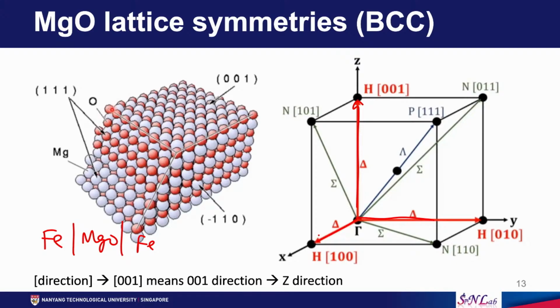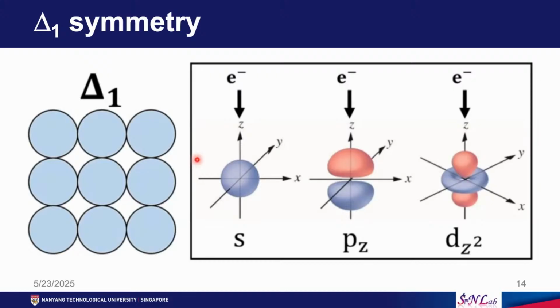The probability for electron to tunnel from this side to the other side when the two magnetization are parallel is higher through this delta band. Okay. So, that is what he proposed.